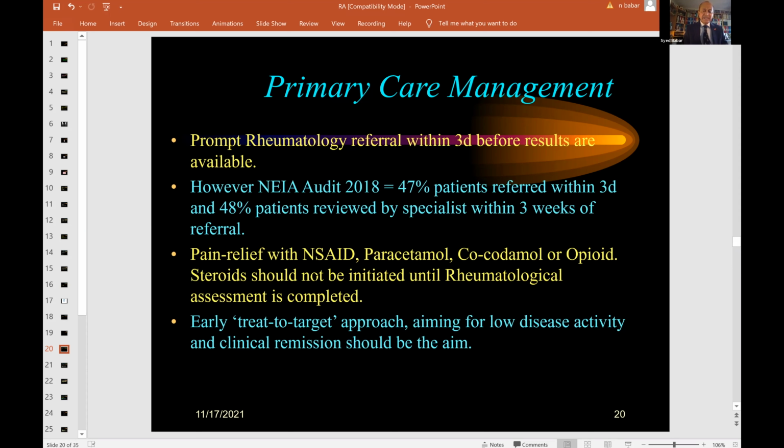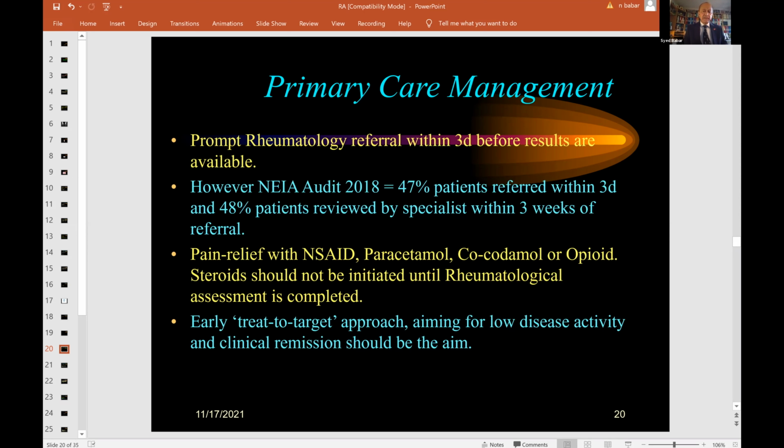Steroids should not be initiated in the primary care until the rheumatological assessment is completed, because it may mask symptoms and signs. The rheumatologist would aim to treat to target.